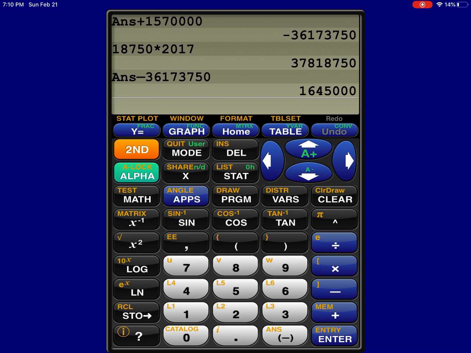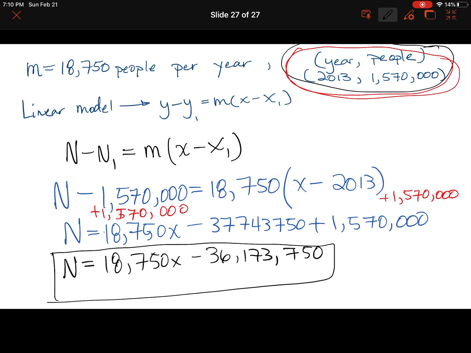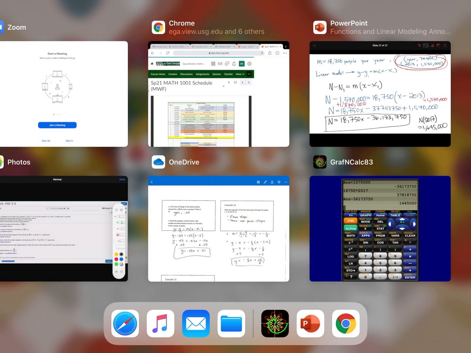That would tell us in 2017 we have 1,645,000 people in jail.